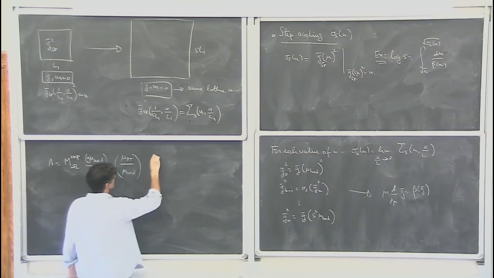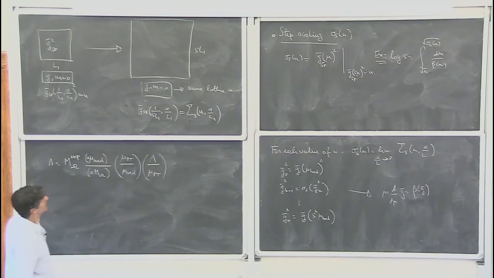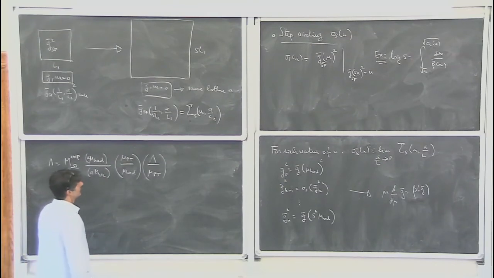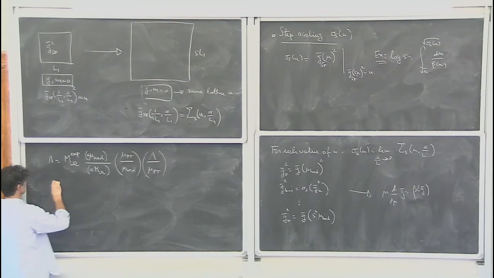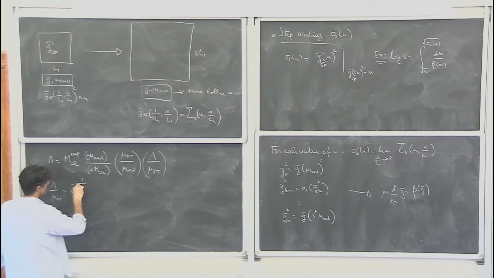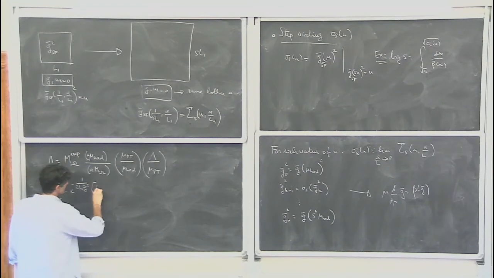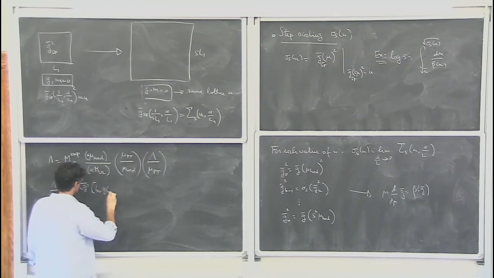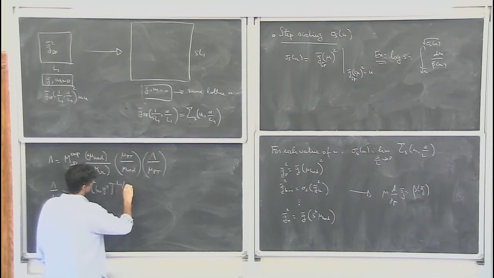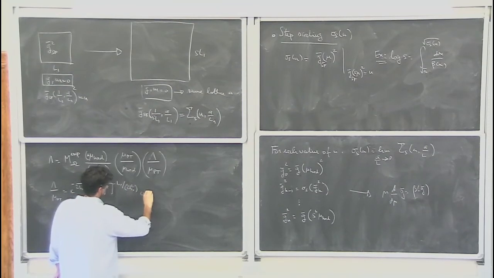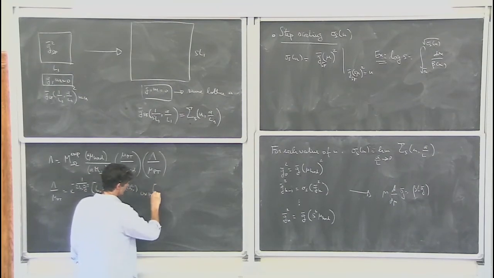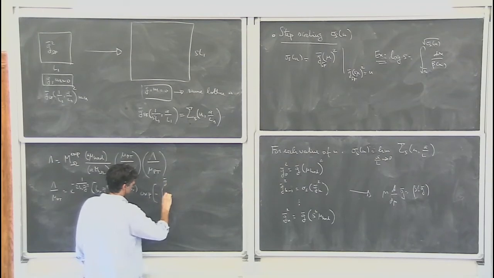And then finally, you have lambda over mu pt. And that is given by the formula that we derived at the very beginning. Okay, so lambda over mu pt is just e to the minus 1 over 2 b0 g bar squared, where this is computed at mu pt, times b0 g bar squared to the minus b1 over 2 b0 squared, times the exponential of minus the integral from 0 to g bar of dx.